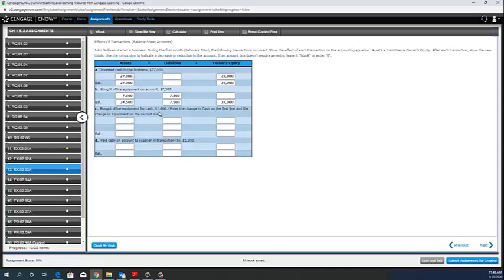How did we pay for this equipment? Well, we paid cash. And if we paid cash, that means our cash balance went down. So it says enter the change in cash on the first line, which we will. So cash went down by $1,600, and then office equipment increased by $1,600.